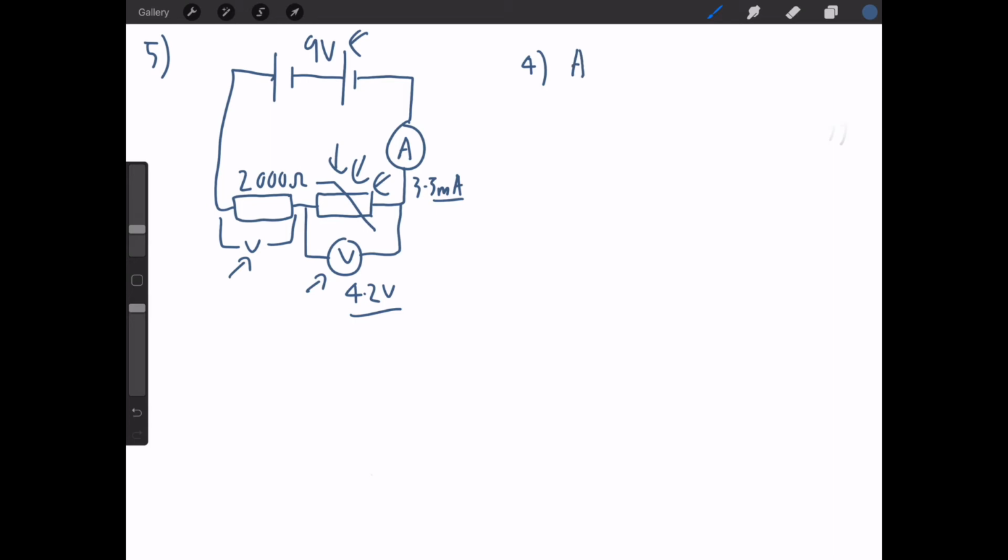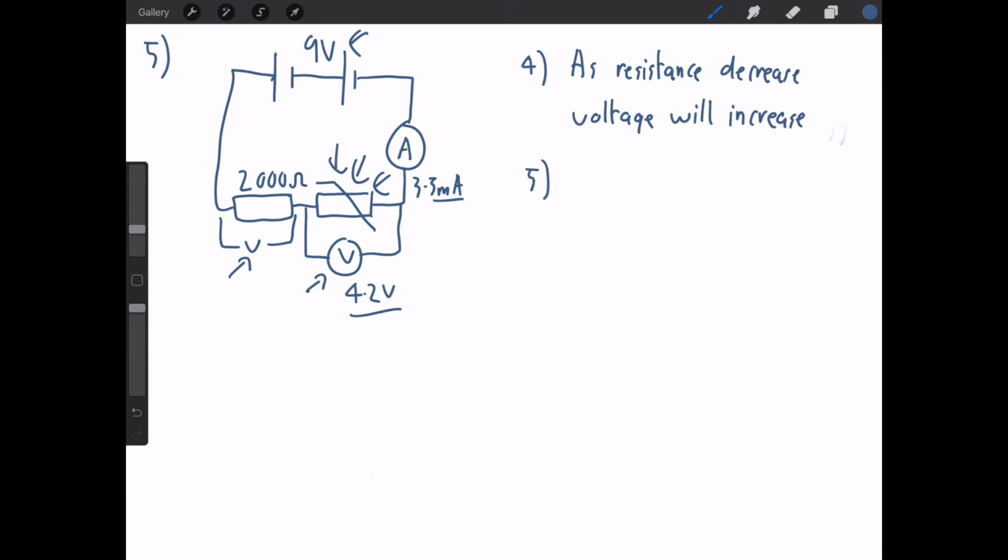So as the resistance of the thermistor increases, because it's getting colder, the voltage across it will increase. This doesn't sound right, but that is right. For an ohmic conductor, it would be the other way around.